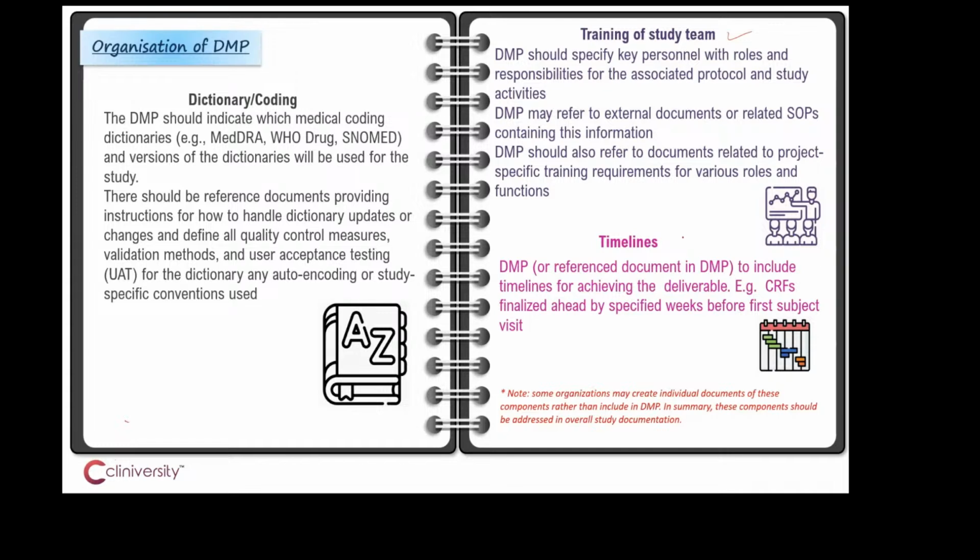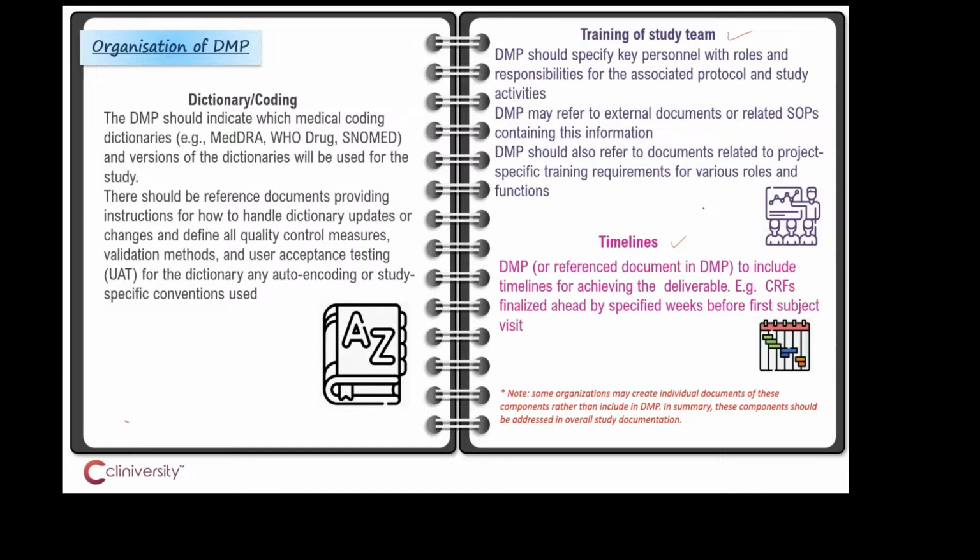Then the timelines are very important, because the timelines are included in the DMP or in documents referenced by the DMP. So either within the DMP or there will be a separate timelines and milestones document created, and the DMP will simply have a link to that milestone document.